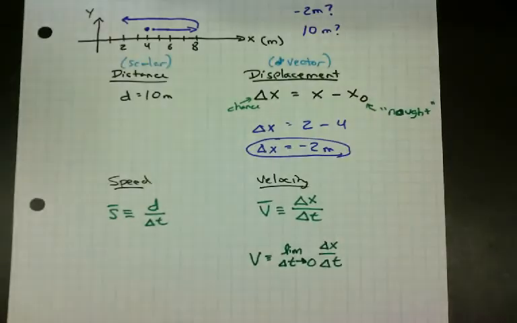Now, if that confuses you, I don't want you to get hung up on that. I just want to explain it real quick. And just know we're not doing calculus in here. But the idea here is, what is instantaneous? How long is an instant? It's as small as you can imagine. A second is more than an instant. A half a second is more than an instant. If I talk about an instantaneous velocity, I mean the velocity at a very teeny tiny point in time. This is an abstraction.